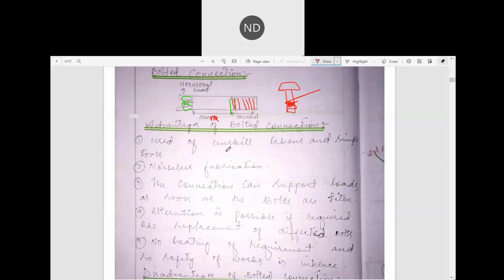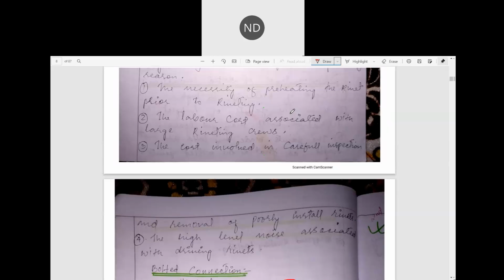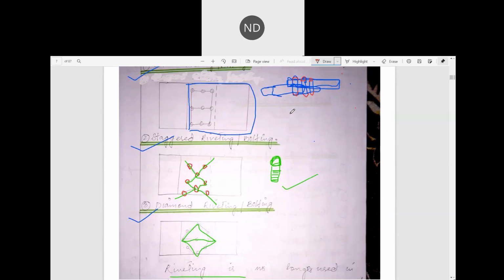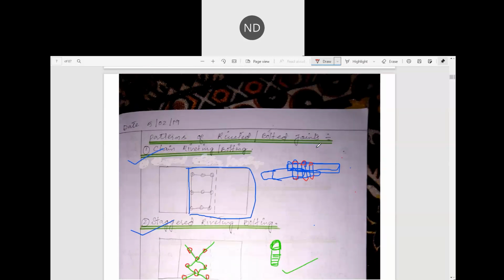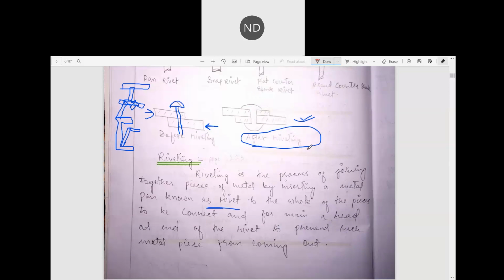This is noiseless fabrication as compared to rivets. In the case of rivets, we had hammered this portion also and made it a round shape. We had given a head at the bottom also, this portion and this portion.